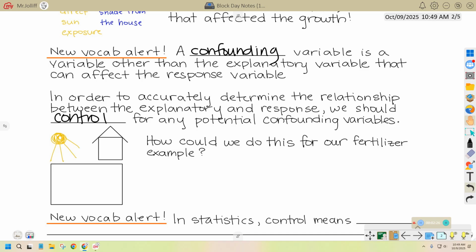Sorry, Prasanna. Ooh, yeah. Another group came up with that same idea. Good. Wait, what?